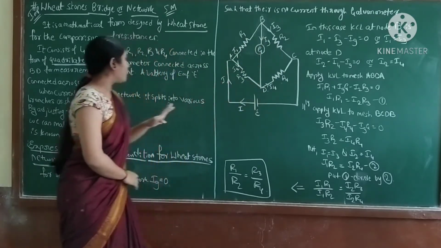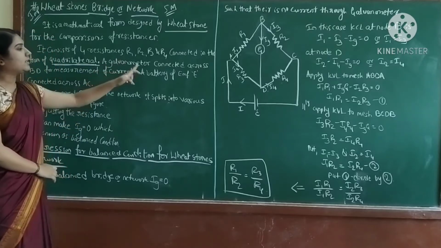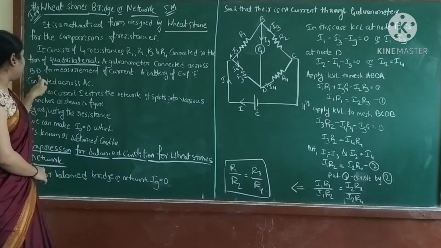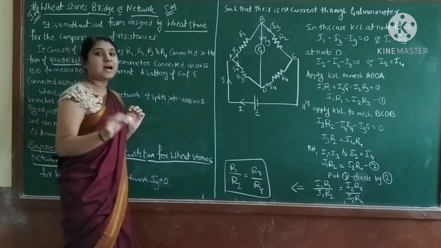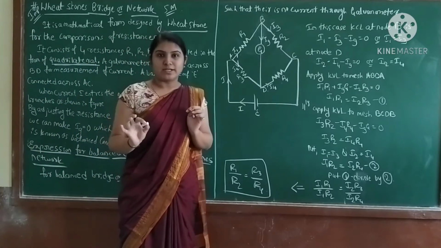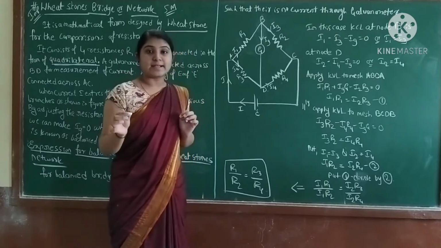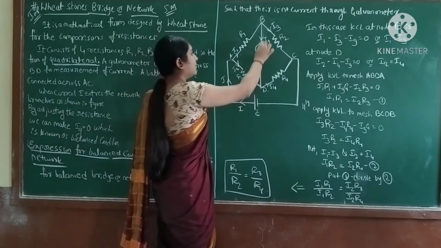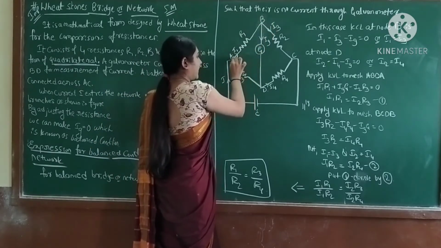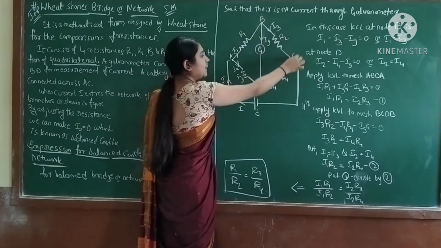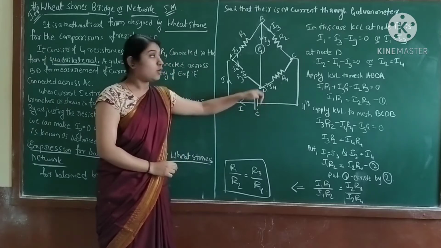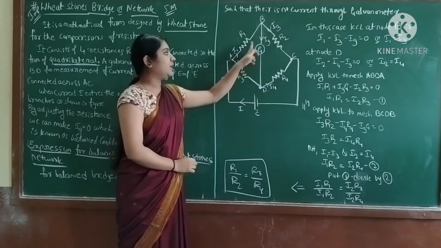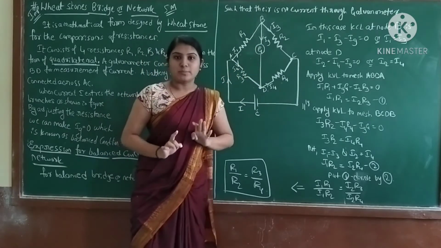After that, a galvanometer is connected across BD for the measurement of current. Take it as point A, point B, point C and point D. In between B and D we are connecting the galvanometer.